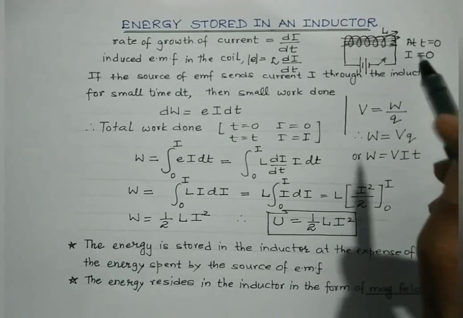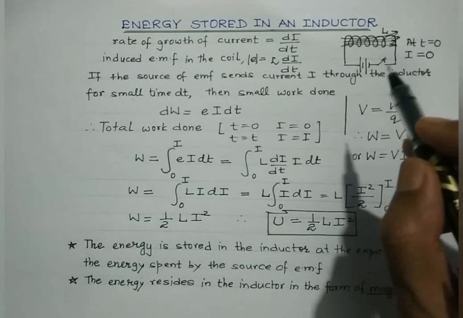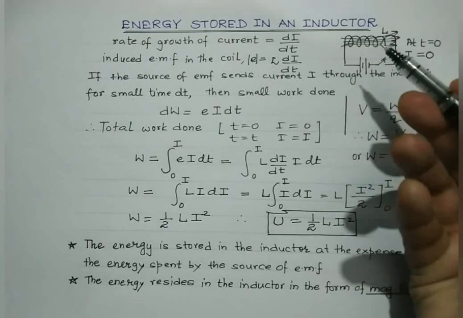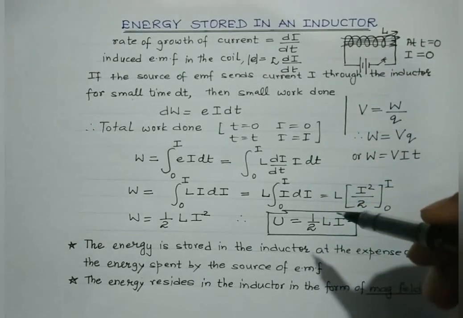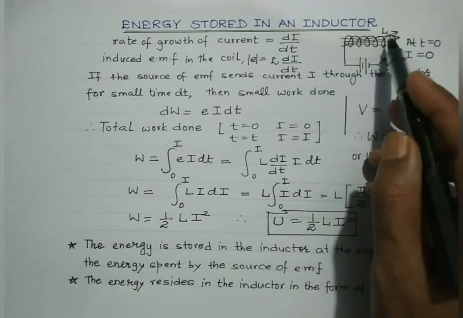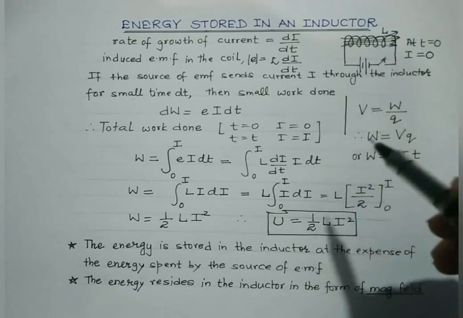Similarly, mass of a body gives the measure of its inertia, isn't it? In the same way, more the self-inductance of the coil, more is the opposition it offers to the change in the current through the coil. Hence, self-inductance, this L of the coil, is also known as inertia of electricity.